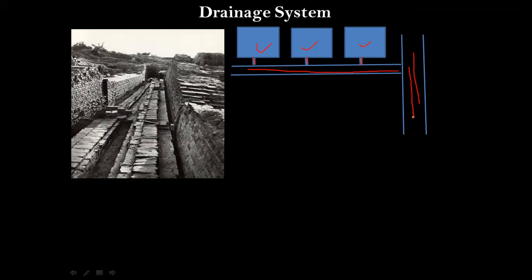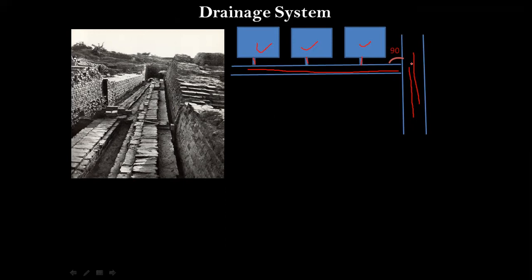The most fascinating thing about the drainage system is that the canal that goes and joins with the mainstream line is, in almost all the settlements, at a 90-degree angle. So we can assume that the city planning, especially the drainage system, was properly managed by the Harappan people.